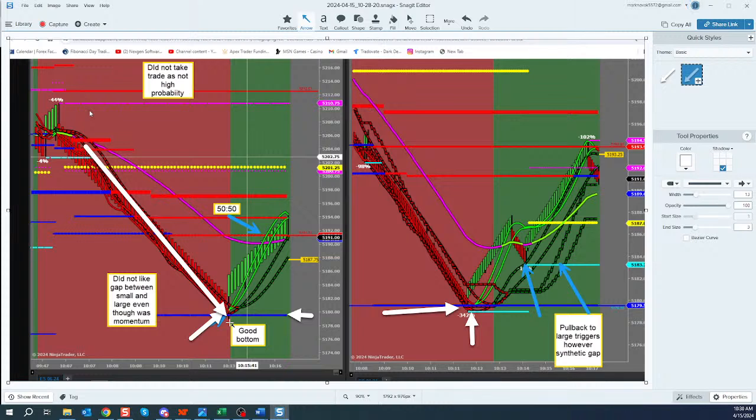So let's go through order of operations. If a termination reverses the market, it's a strong bottom. It's a good bottom. If the smalls are outside of the large, it's momentum. If it hasn't even reached the mid band yet, I've got a lot of advantages there, and it's okay to not take this trade, but there's a lot of things right, and it's difficult to find something wrong.